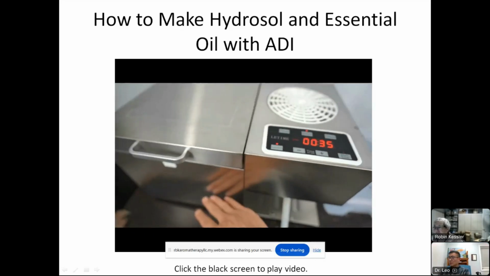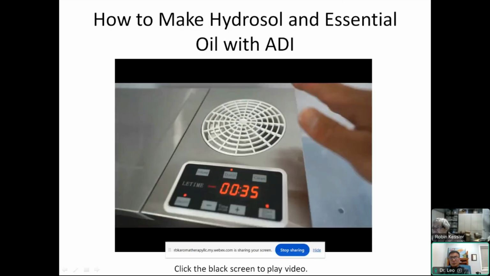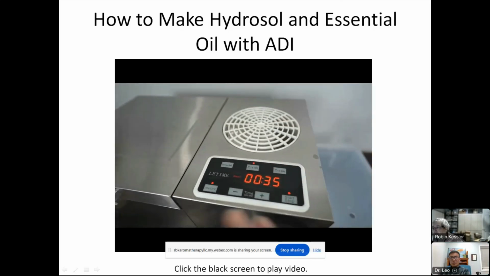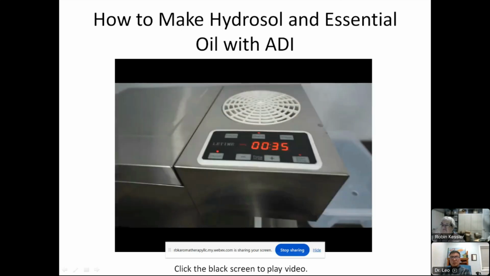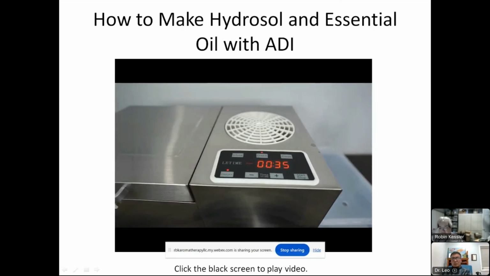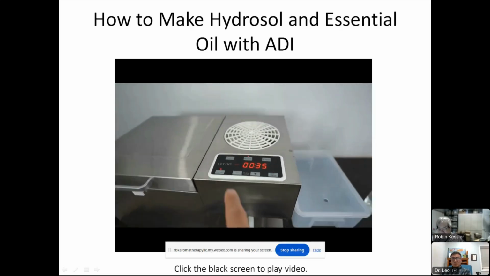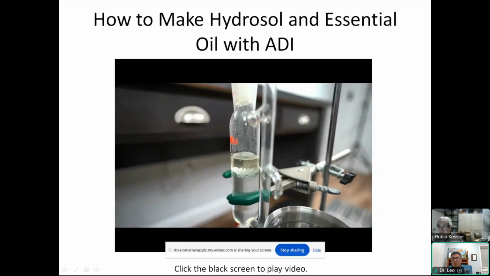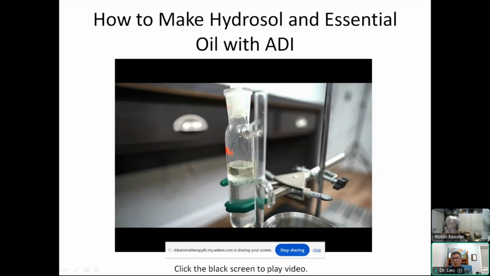Especially the heating will stop, but not the fan. You can see the fan is still running. This helps cool down all the residues, the steams. So just give it a little time, normally 5 minutes, and then we can shut off the power. You can also see there's no more hydrosol, only a little bit.